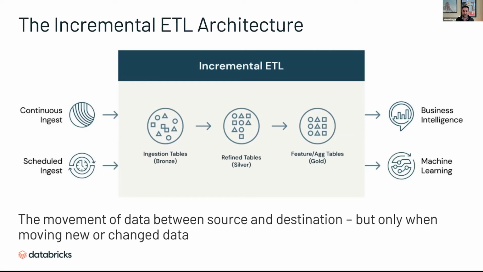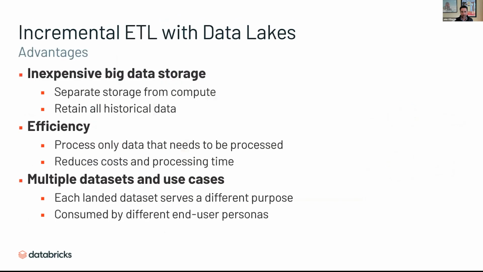Generally speaking, these gold tables are either for aggregated data sets that are used for business intelligence and analytics, or feature sets that are used for machine learning, whether it be training models or inference after the training is done. And this isn't usually linear. You would have almost a DAG of bronze, silver, and gold tables over the course of everything.